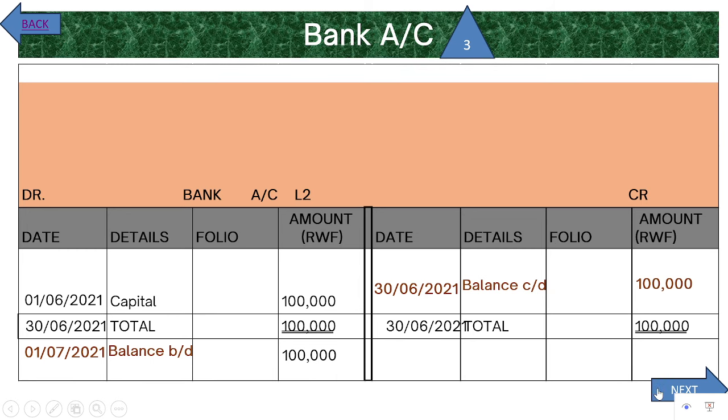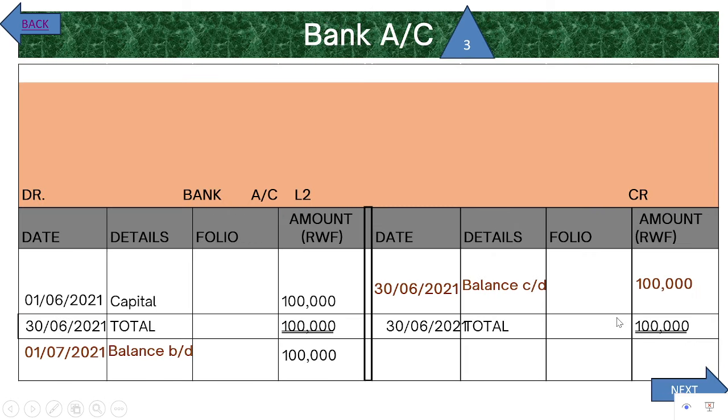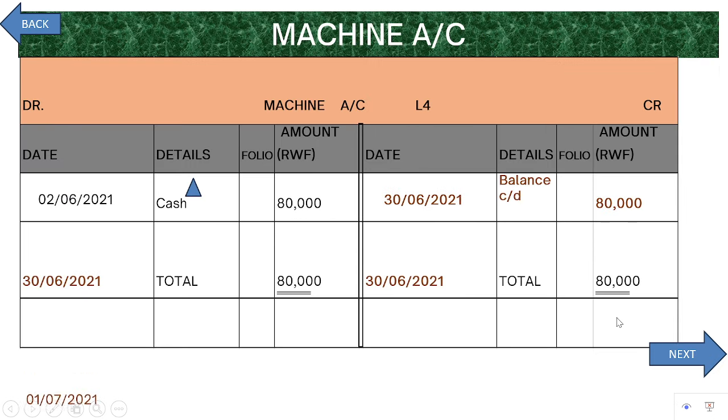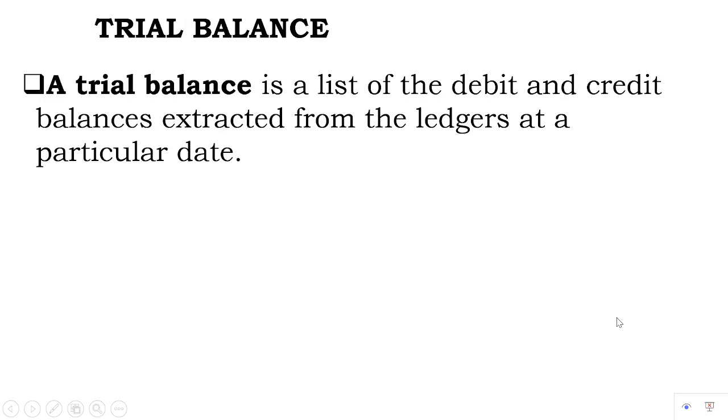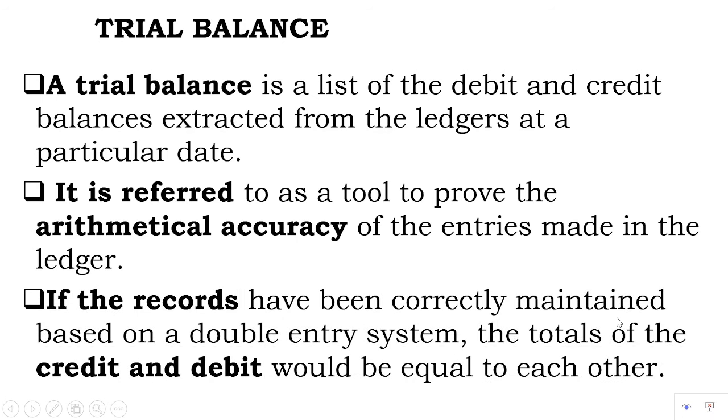Our bank account is balanced off. The machine account is balanced off. Everything is balanced off. So we have to go to the trial balance. Before we prepare a trial balance, here is the meaning of the trial balance.